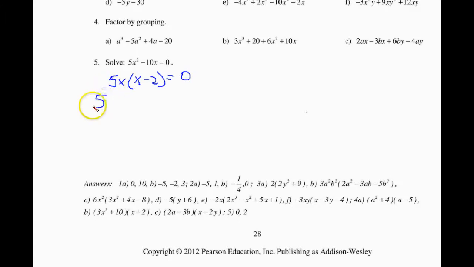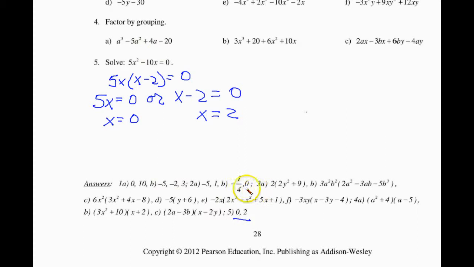Equate each of these: 5x equals 0, or x minus 2 equals 0. Divide both sides by 5 here, x equals 0, and here x equals 2. So there they are, 0 and 2. And I didn't explain it super, but we did cover this earlier.